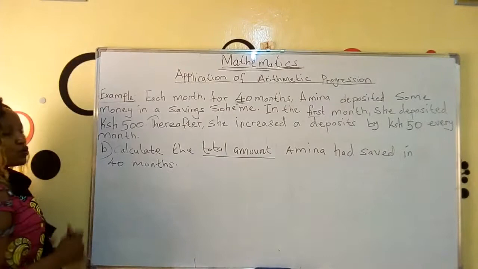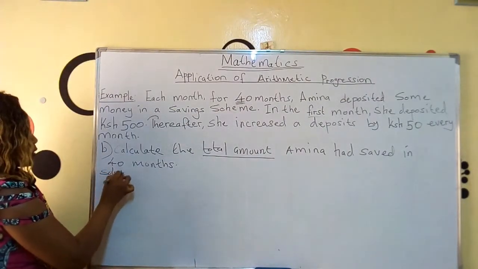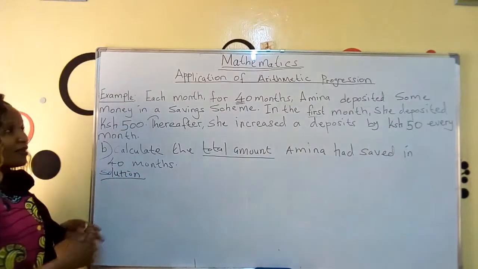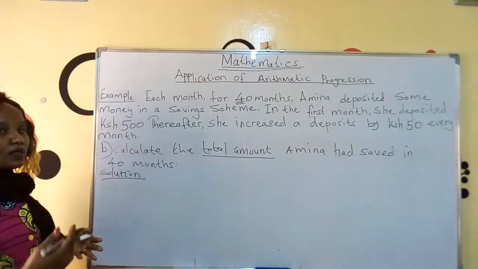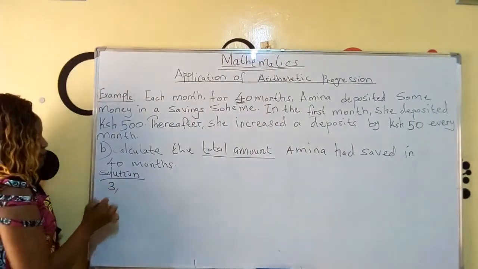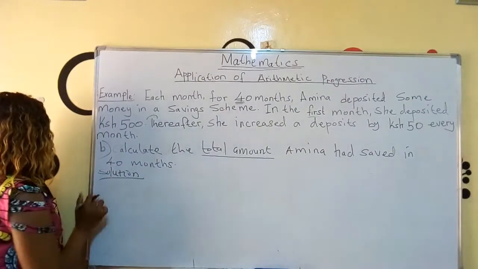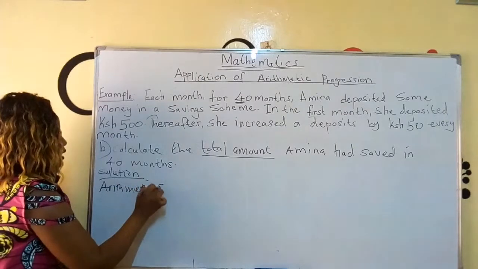So what we are going to do here, of course, if you remember, the difference between arithmetic progression and the arithmetic sequence is that, for example, if we have a sequence, this is an arithmetic sequence.